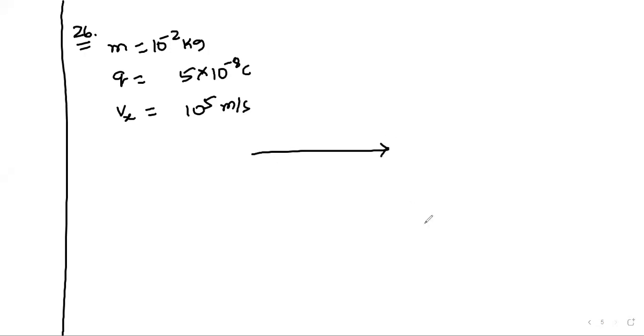it is necessary that B should be perpendicular to the direction of velocity and E should be along the direction of velocity. Or both B and E should be along the direction of velocity. Or both B and E are mutually perpendicular to velocity.